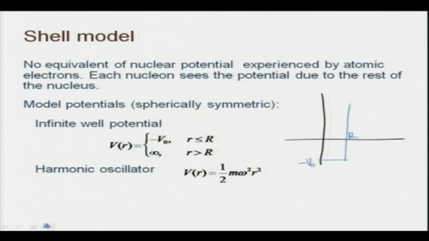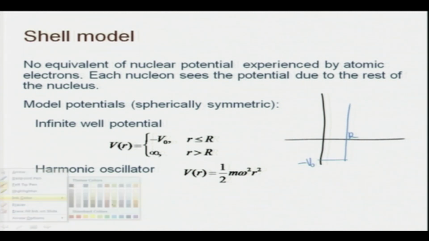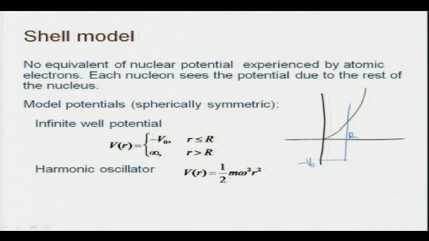And the harmonic potential, let me use a different color, let us say green, grows like this. So, this is the harmonic oscillator potential.